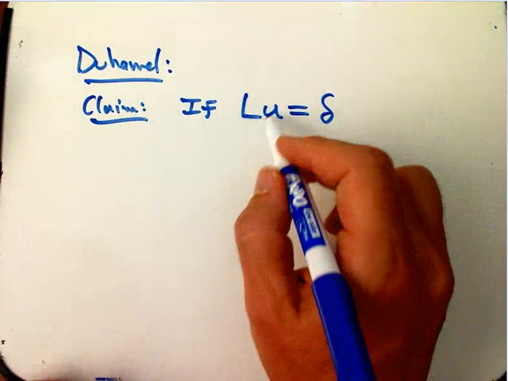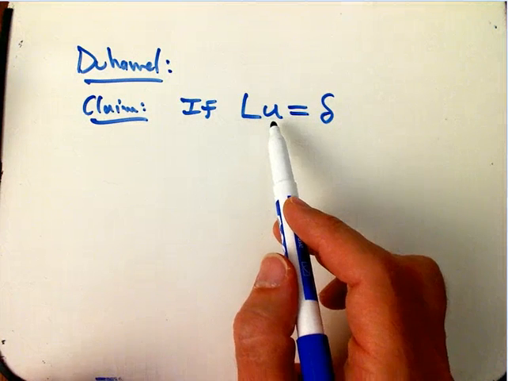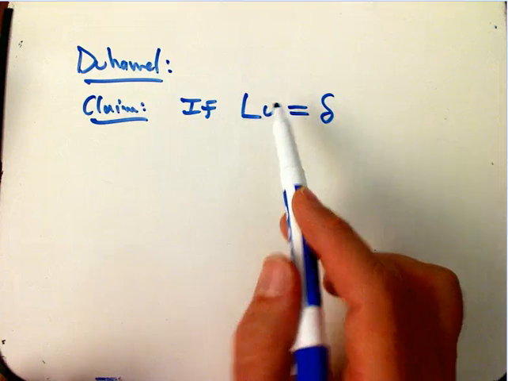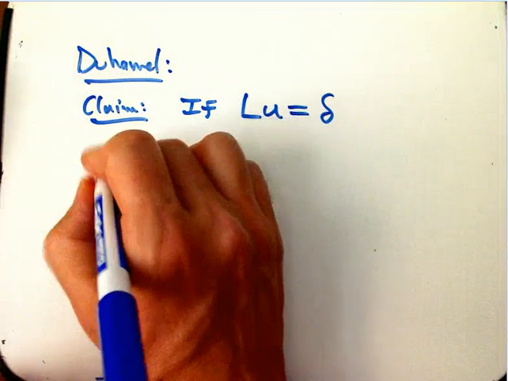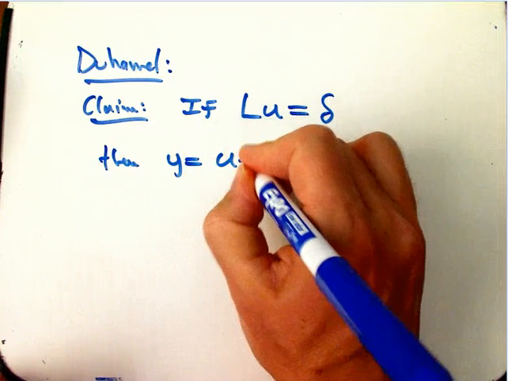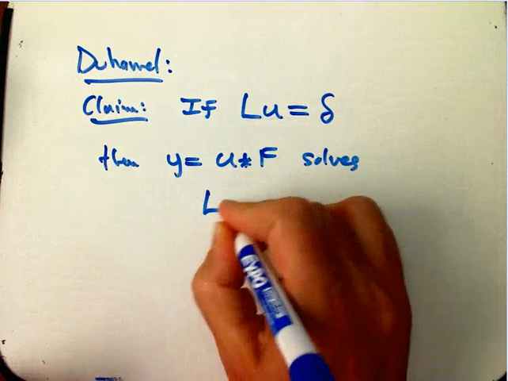So U is some distribution, and L can act on distributions as well as it can act on functions. It's just differentiating, addition, and then multiplying by constants. So if U solves this problem, then y equals U star f solves the more general problem.